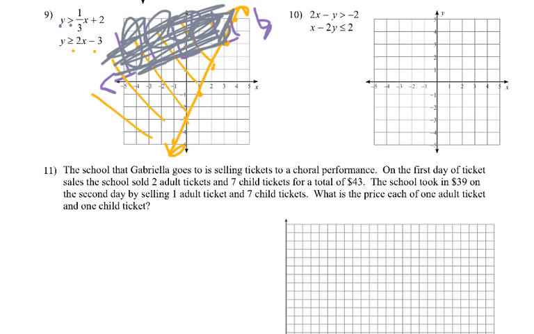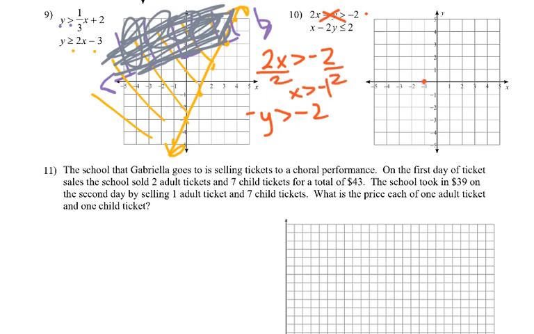Okay, number 10. Now this one's not in slope-intercept form, so it's harder to graph, but you can still do it. The way to think about it is to kind of set it up separately and do x and y intercepts. So 2x is greater than negative 2 if I got rid of the y, right? Divide by 2, and you get x is greater than negative 1.